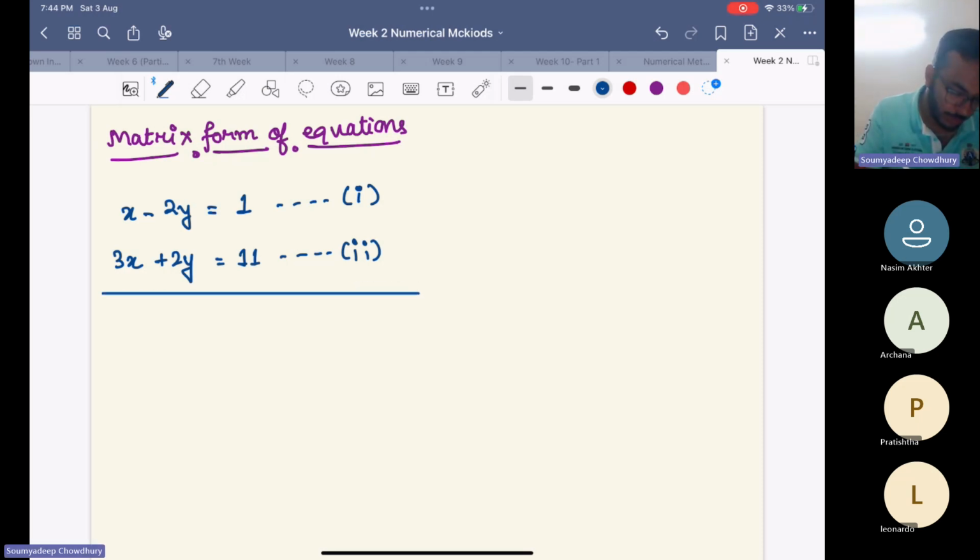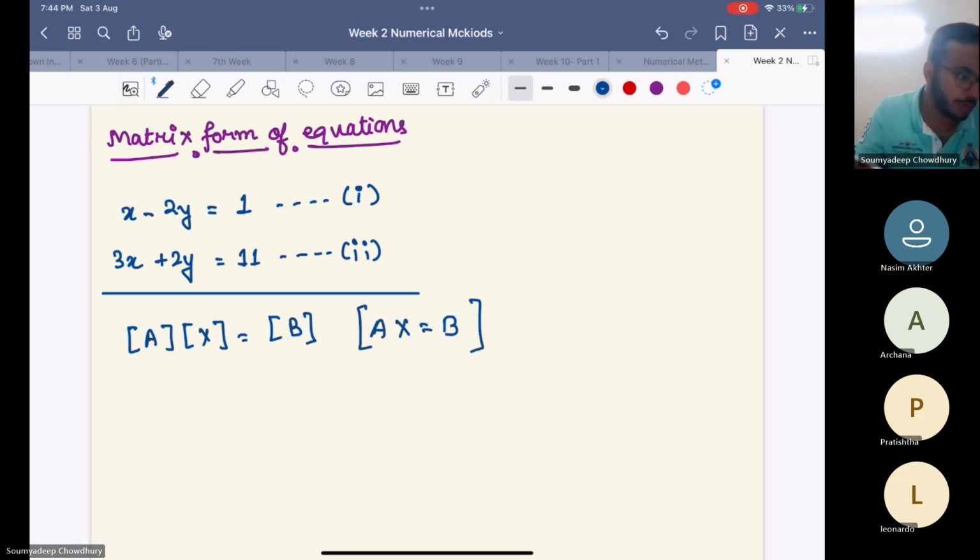Any equation can be represented in this form: matrix A multiplied by the unknown matrix is equal to the right hand side matrix, or AX = B, we generally say. Okay. First we will see what is A and what is B. So what is matrix A here?